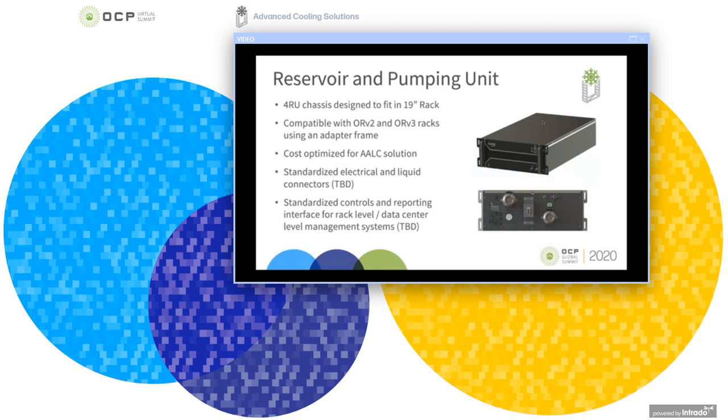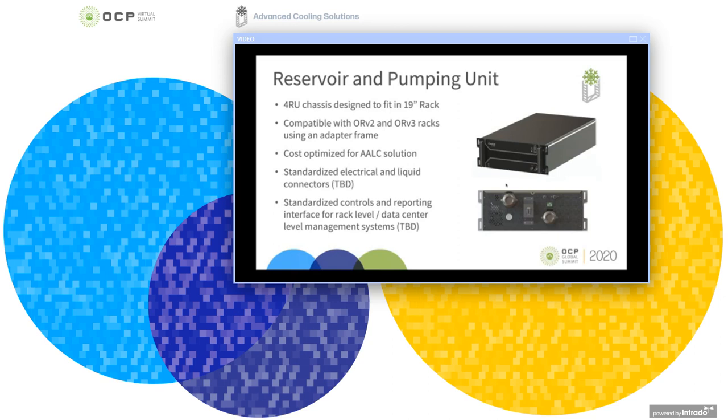This included support for both the open rack and 19-inch EIA architectures. So this was done by optimizing the design around the smaller form factor of the 4U 19-inch rack, and then creating an adapter frame that would fit within the larger space of the open rack V3 and V2 frames.